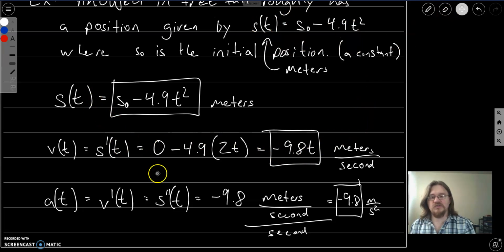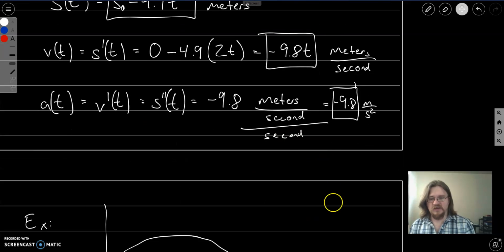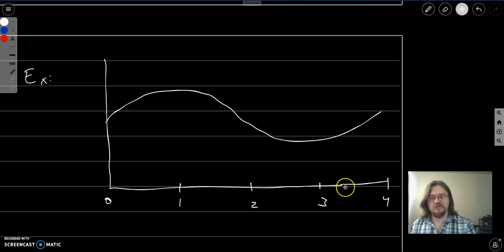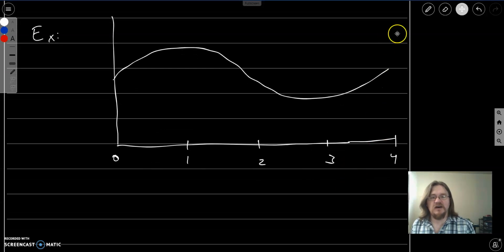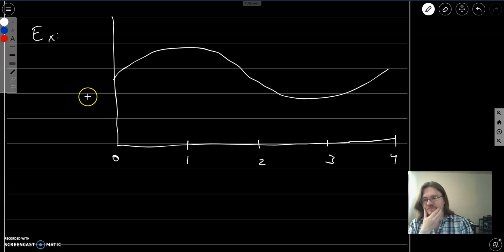So by taking derivatives, we can easily see what something's position, velocity, and acceleration are, but it doesn't have to be a position. So for instance, let's say that we have a graph of where a tide is coming in and out.